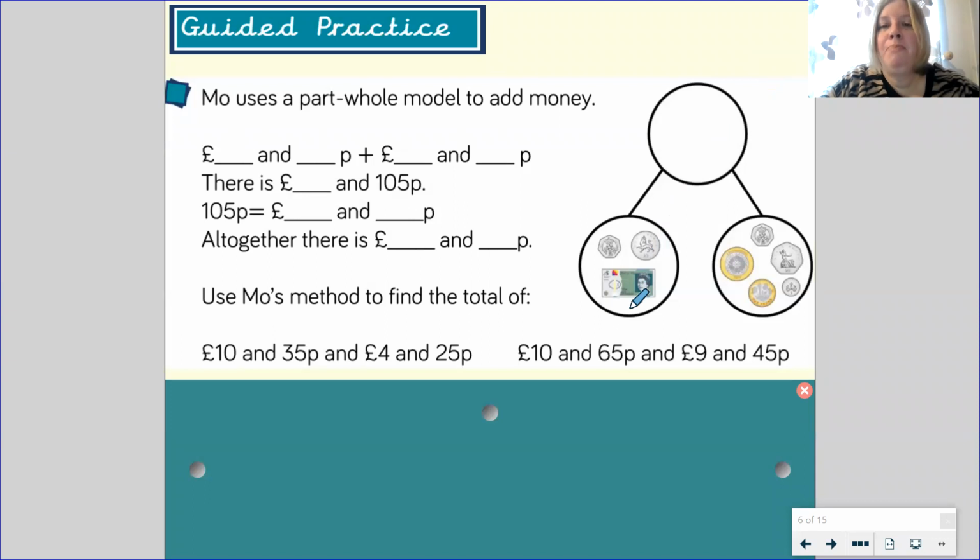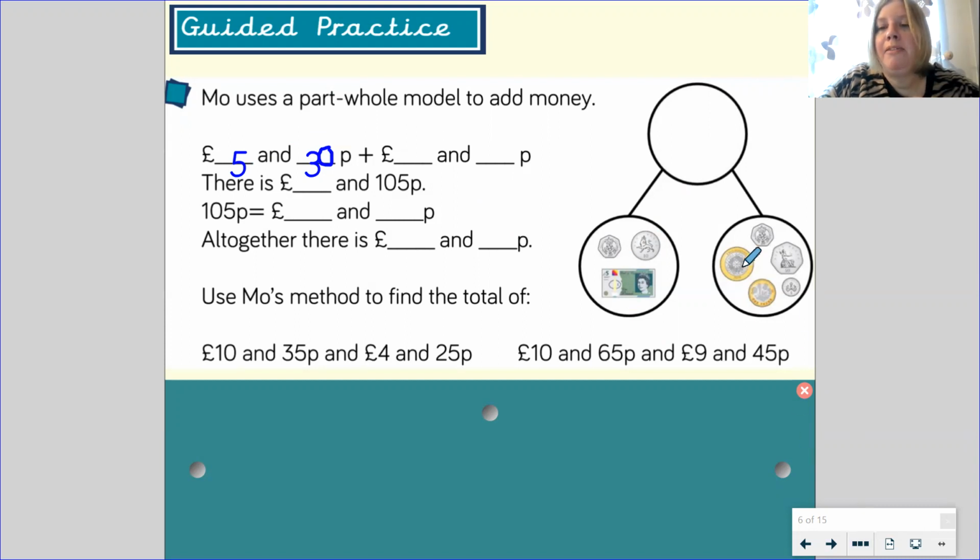So the first thing I need to do is to find out how much money Mo has in each part. In this part here where my pen is, he has a £5 note, a 20p coin and a 10p coin. If we add this together, Mo has £5 and 30p. Then we need to see how much money Mo has in the other part of the part-whole model.